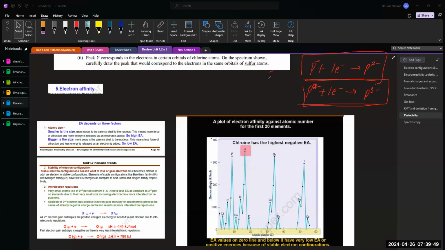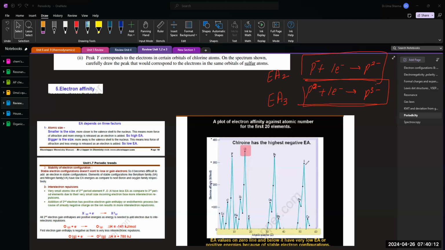Now, let's say this is EA2 for P and this is EA3. Which one is more endothermic? In which case more energy is needed, EA2 or EA3? Yes, EA3. Give one reason.